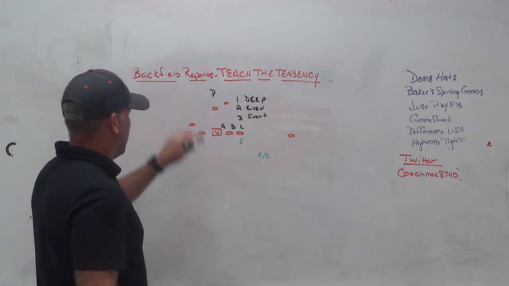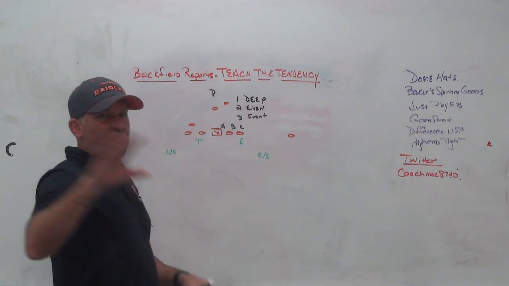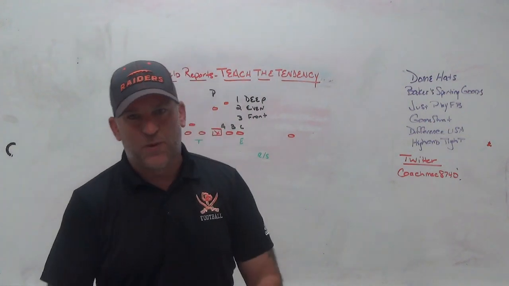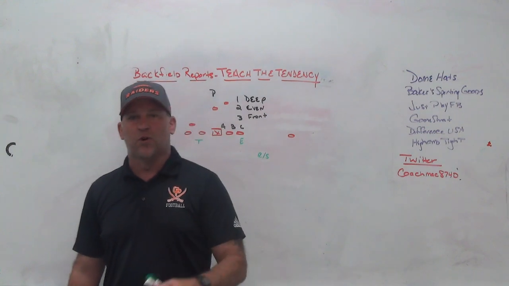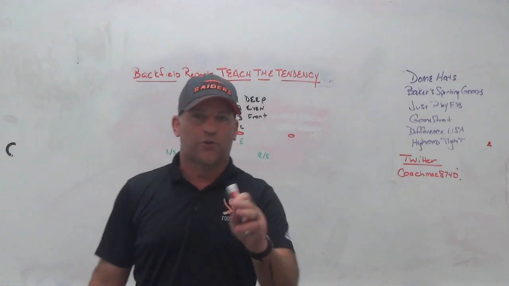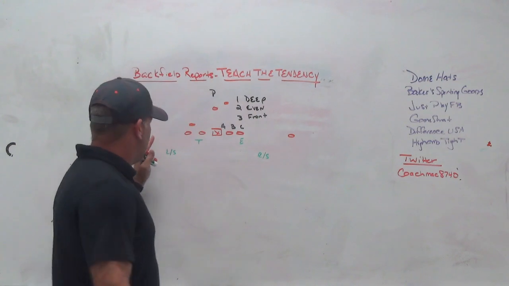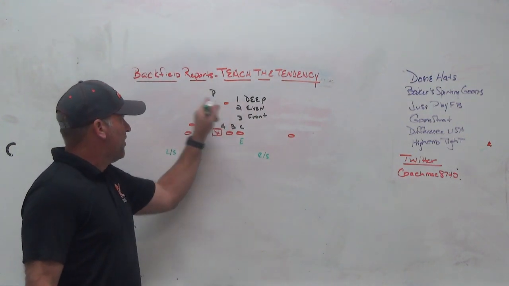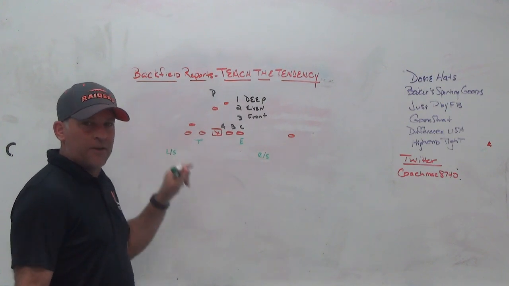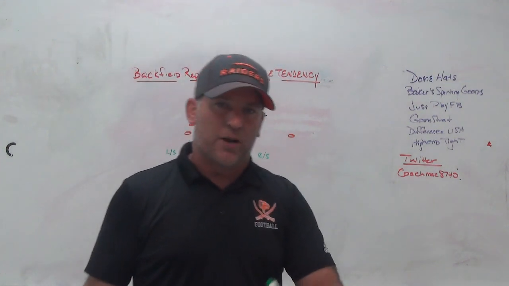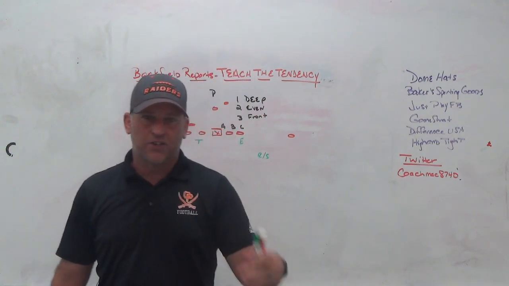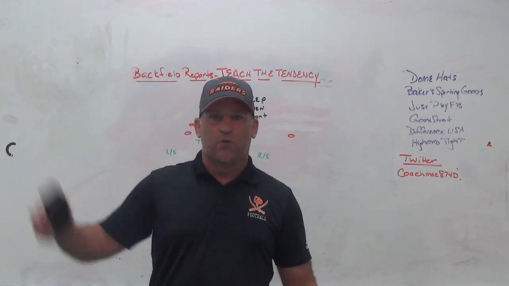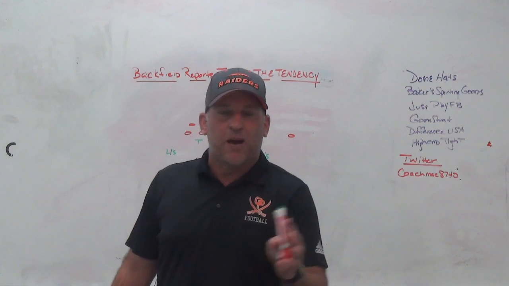The back is away from me and deep, and I ask my left safety what the tendencies are when he's deep. Well, coach, the tendencies are power, counter, inside zone, or inside runs. I may allow my left safety to get a little bit tighter to the box, because if they have no tendencies of outside runs to my side, and I don't really have to worry about setting the edge as much to my side based on the tendency of where the back is, I may be able to cheat my alignment a little bit.